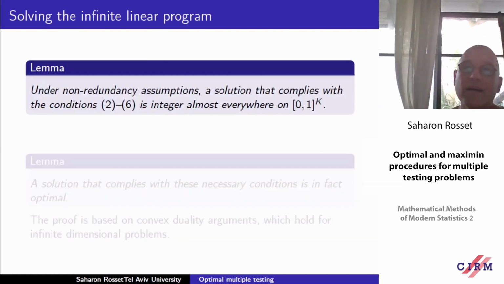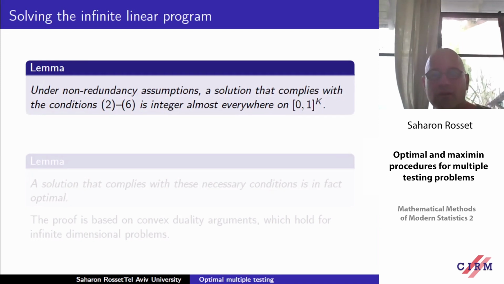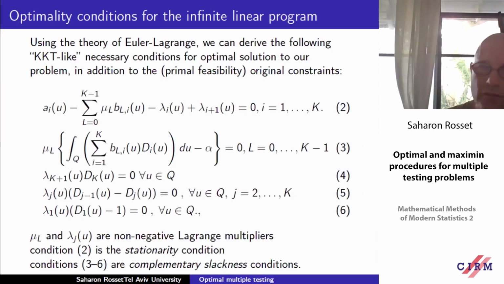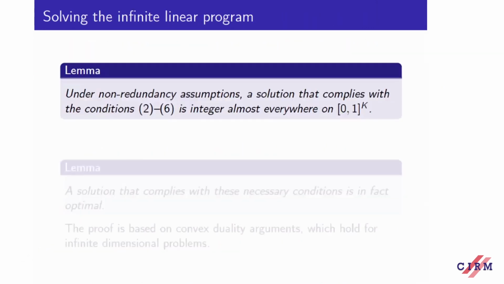Then we have two additional results that, quite surprisingly, tell us that in some sense we can actually solve this problem. The first one says that, assuming all densities we're interested in exist and are defined on the entire range, a solution that complies with this entire set of conditions is going to be integer almost everywhere on our cube.